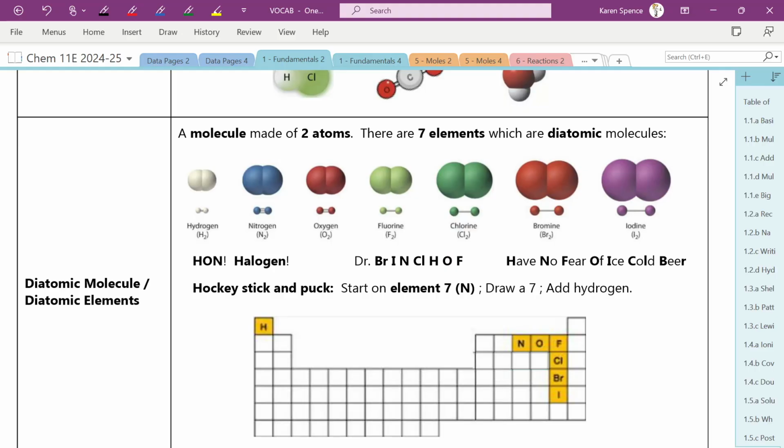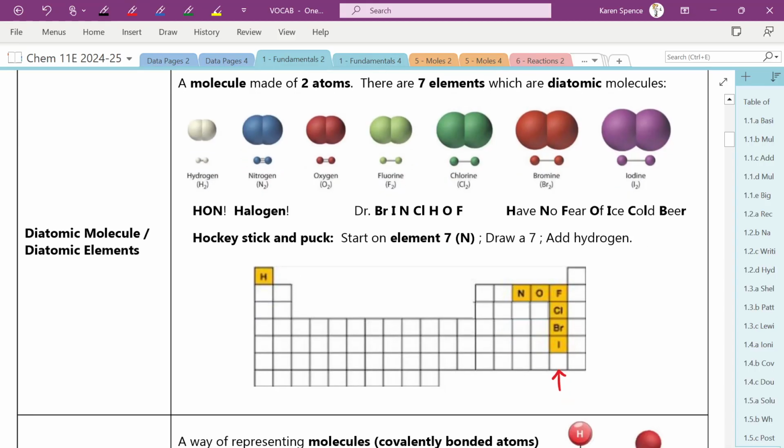If you know that the halogens are these guys here, you can do it kind of like a little cheer. H-O-N, halogen. Okay, that's one way of doing it. So you've got your H, you've got your O, your N, and then you've got the halogens. Yes? So that's one way to remember it.